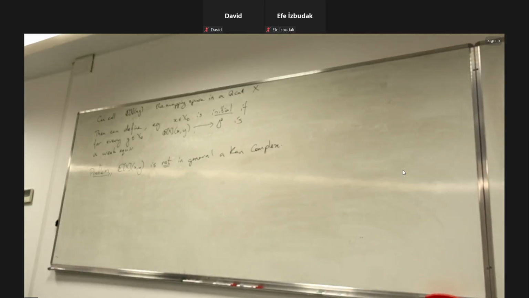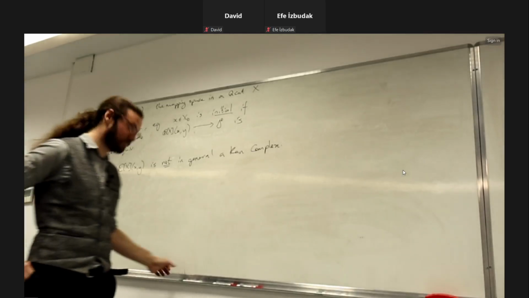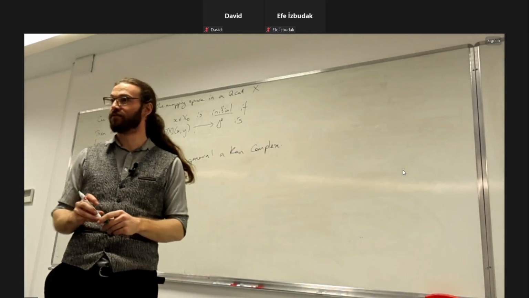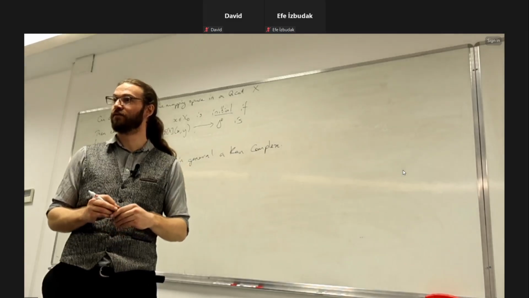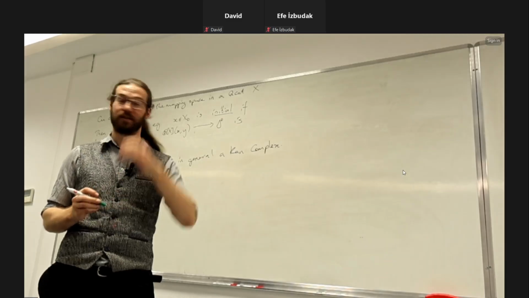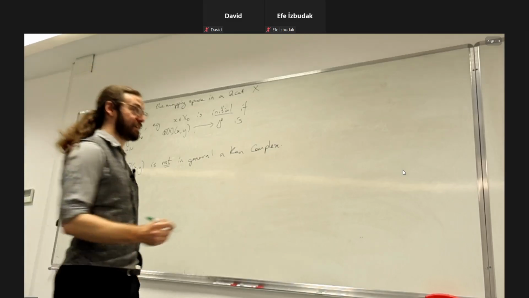Yes. We used to draw this Venn diagram that you have two circles intersect, where the whole thing was quasi-categories. Yeah. One of them is nerves of categories. The other one is the Kan complexes. The intersection is the nerve of the groupoids. Yes.